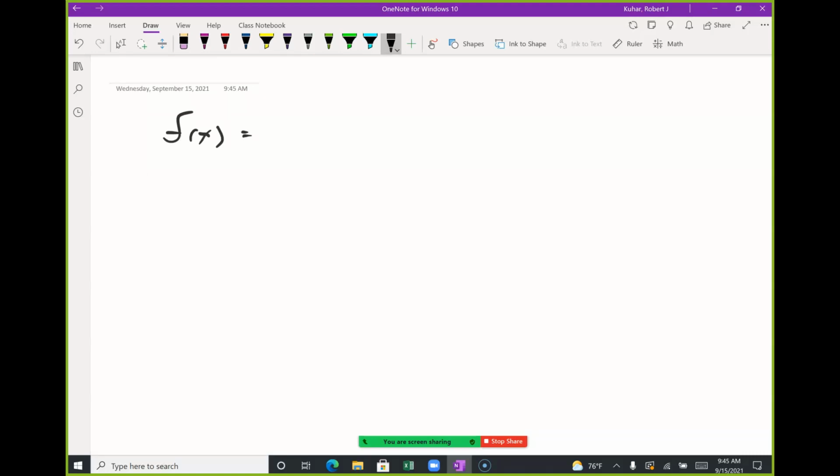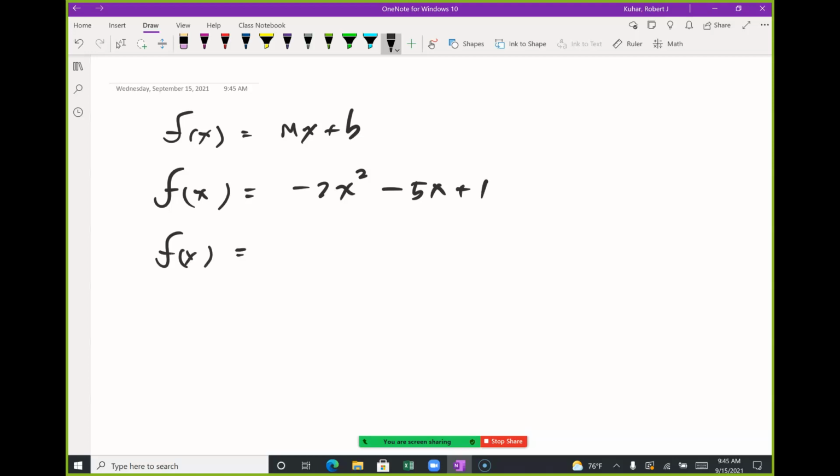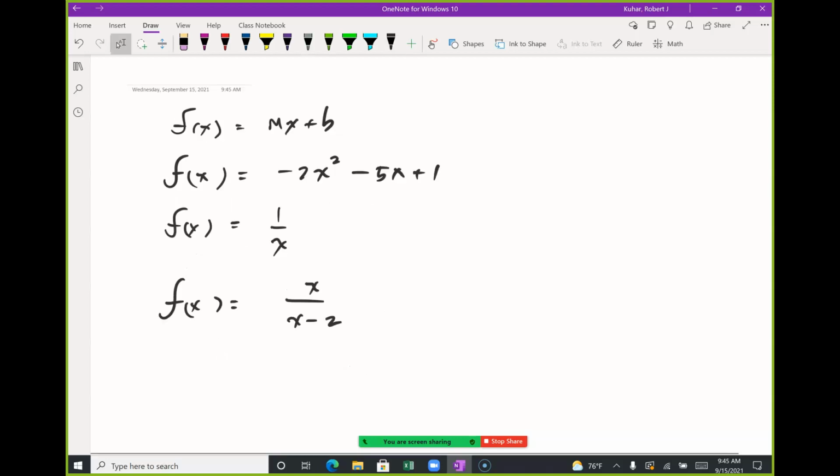How about mx plus b, right? How about a quadratic, minus 2x squared minus 5x plus 1, right? How about a simple rational, like 1 over x? How about a complicated rational, like x over x minus 2?